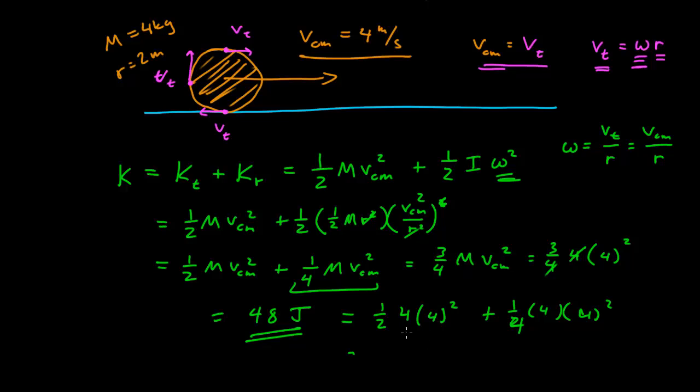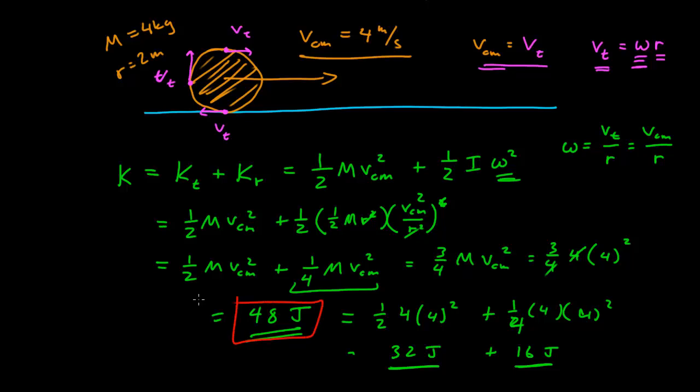And so this term gave me 32 joules, plus this term, which is 16 joules. And so we saw that with this thing rolling, we had 32 joules of translational energy, as well as 16 joules of rotational energy, for a total combined amount of 48 joules.